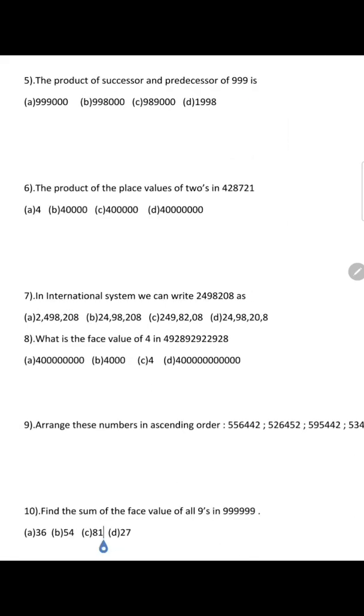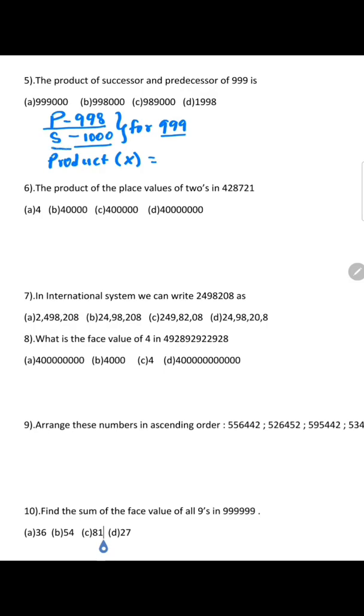The next question is, the product of the successor and predecessor of 999 is. The predecessor of 999 is 998 and the successor of 999 is 1000. They are asking for the product of the successor and predecessor of 999, so we are going to multiply these two numbers because product means multiplication.